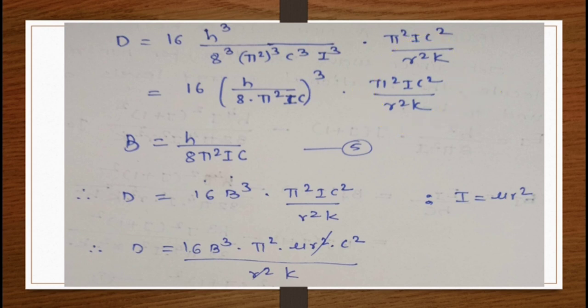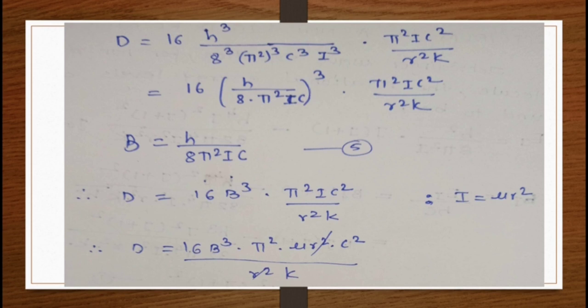This is the equation, and we know the value of capital B, the rotational constant, which is equal to h upon 8 pi square I c. So just write capital B here and rewrite the equation as 16 B cube, and this part as it is, pi square I c square divided by r square into k.